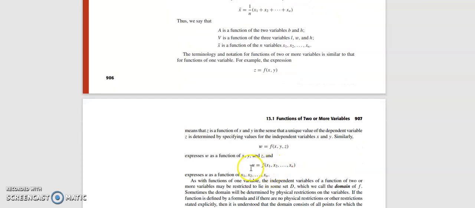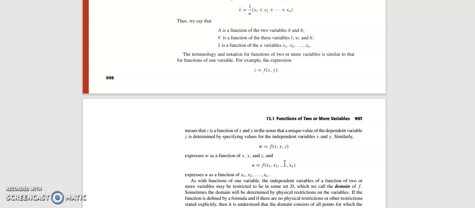And if you have a function of n variables, this is another way of denoting it: u equal to f of x1, x2, etc., xn. Now, just like we see for single variable functions, here the definition of domain and range are the same.